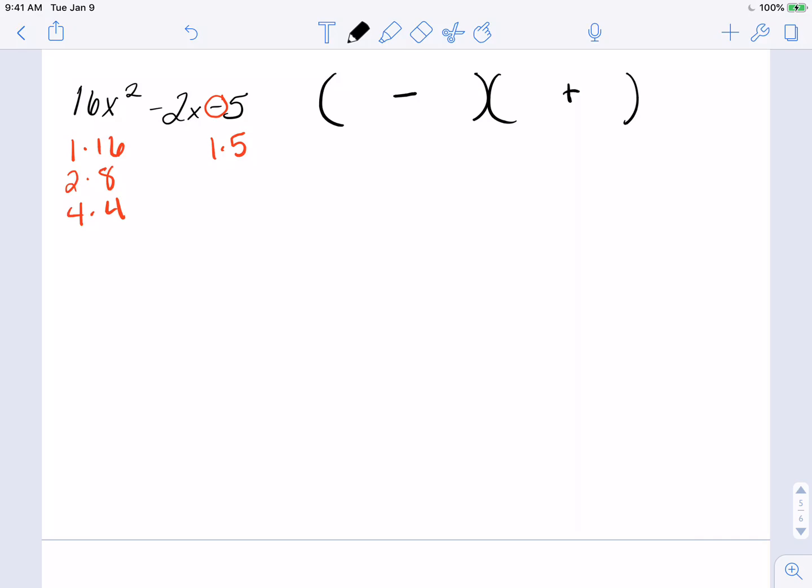So I'm going to go ahead and say that my 1 is going to be negative and my 5 is going to be positive. That's just a guess. Here, I'll put it in red so you can tell that these are just what I'm guessing.